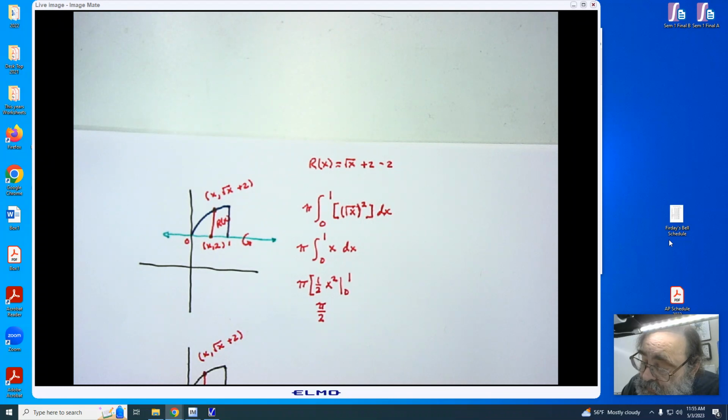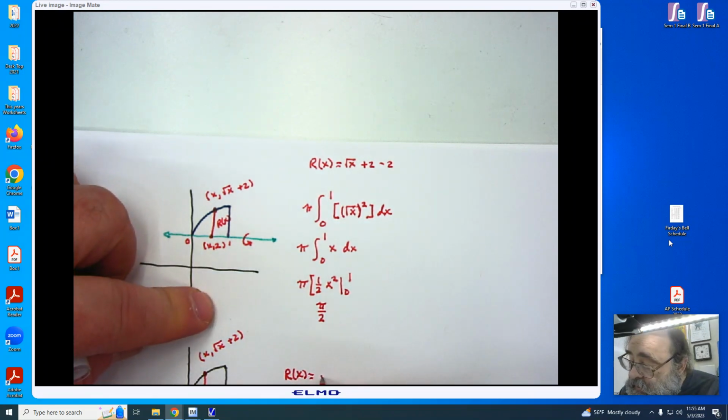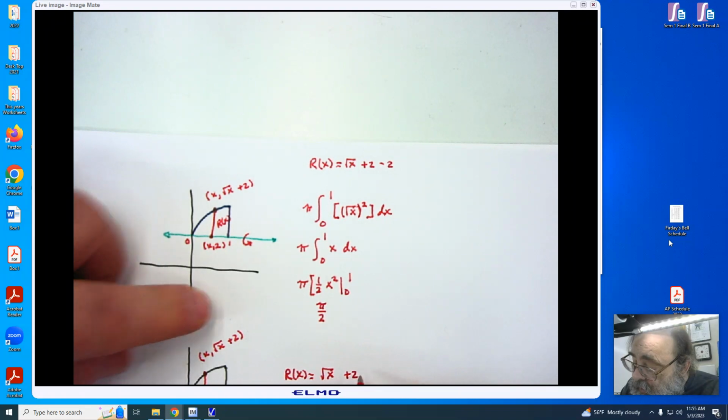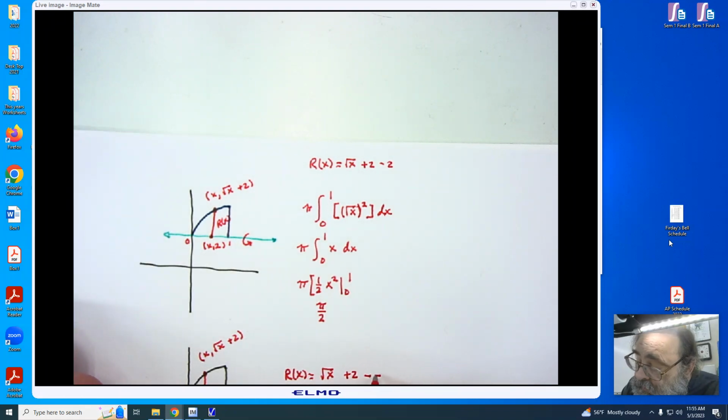Big R of x, lowercase r of x, find what they are. Upper y, square root of x plus 2, minus the negative 1, root x plus 3. Small r of x, upper 2 minus negative 1, and we have a 3.